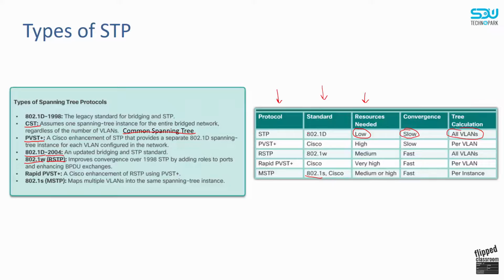PVST is a Cisco proprietary protocol that requires many more resources, because it creates different spanning tree tables for different VLANs. So if you have 10 VLANs, you will use 10 spanning tree tables. Convergence is also slow, and it does the calculation per VLAN. That is why it needs higher resources.